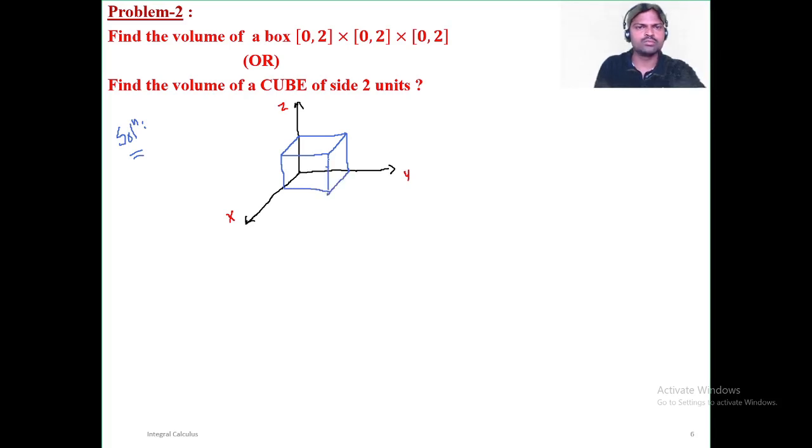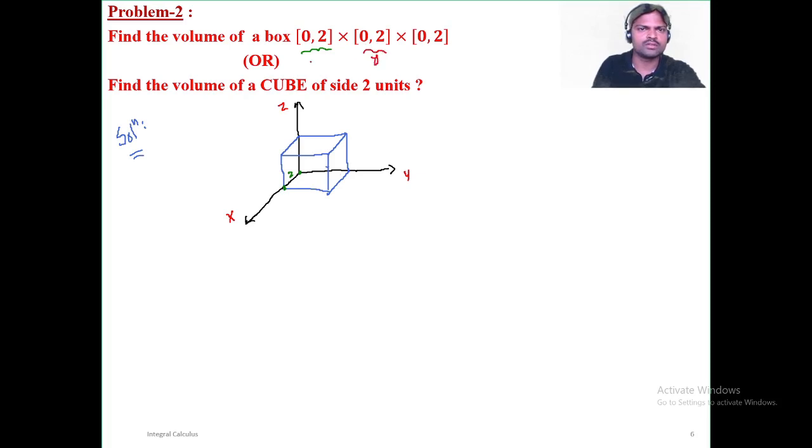So consider this cube, right? Now look at this: the first one, closed interval 0 to 2, means what? These are x limits. So starting from here, 0 to 2 units. So this is 0 to 2. So therefore this point is 2. So this length is 2 units. Okay. Next one, 0 to 2 for y.